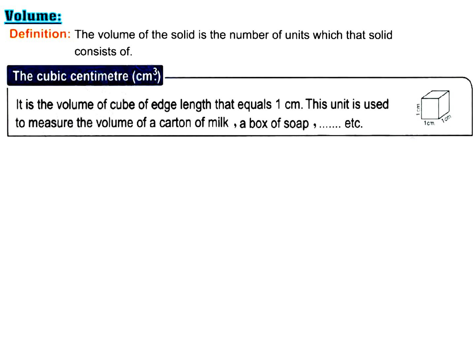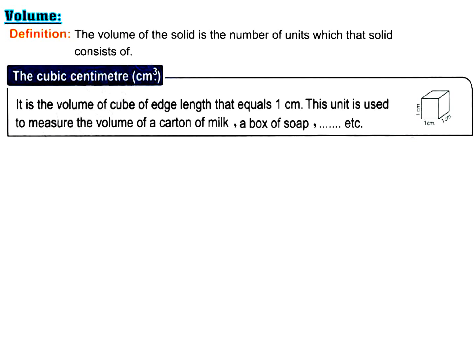This unit is used to measure the volume of a carton of milk or a box of soup and so on. Again, cubic centimeter is the volume of a cube of edge length equal to 1 centimeter. But the cubic meter is the volume of a cube of edge length equal to 1 meter, not 1 centimeter.